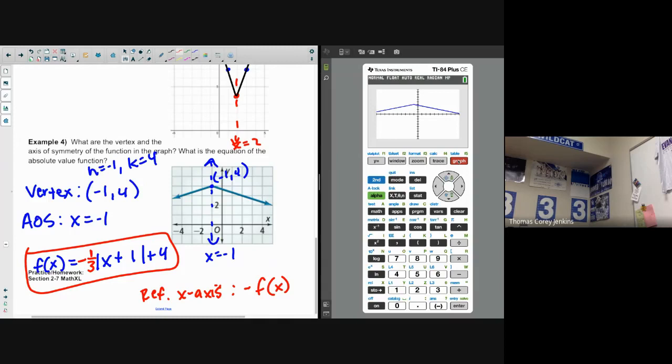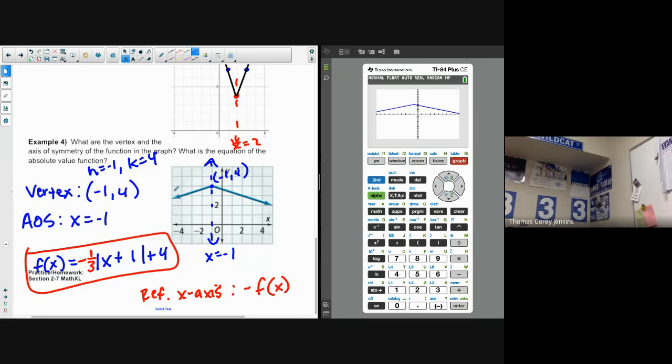All right, so it looks pretty good, but again, if we want to check details, let's look for if we have the actual points. If our actual points look good, right? So we know it goes through negative 1, 4, so we'll double check that. Let's remember it also goes through 2, 3, and then it also goes through negative 4, 3.